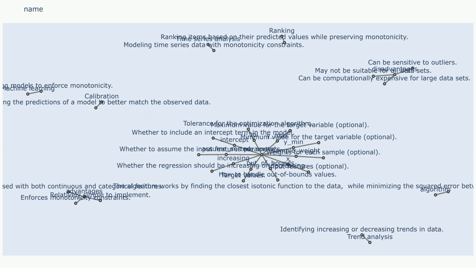Y: a 1D array or list of target values. These are the dependent variables that are adjusted to achieve monotonicity. Process. During the fitting process, the algorithm finds the optimal monotonic relationship between X and Y. This involves adjusting the Y values while keeping the order of X intact.